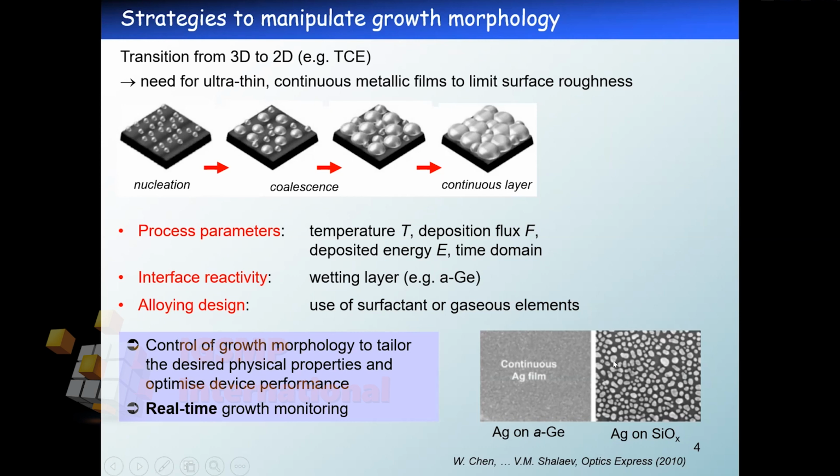If you compare the growth of silver on silicon dioxide, where you can recognize the formation of islands here, and the same film deposited on an amorphous germanium buffer layer, it shows a continuous and smooth morphology. The last strategy that can be employed is to use additives. They can act as surfactants, and they will modify the growth.